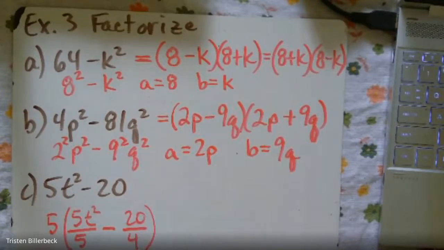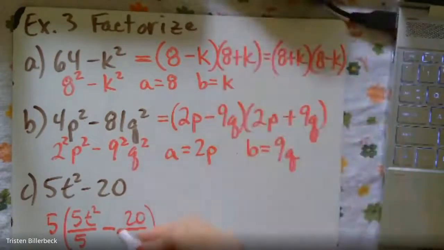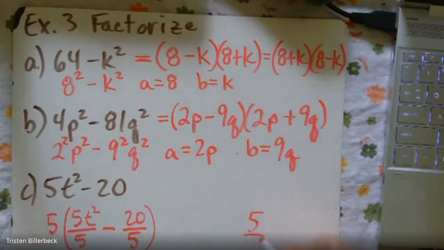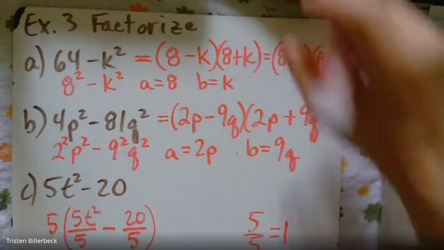I'm going to factor that 5 out, because if we recall, 5 over 5 is just 1. So if I divide everything by 5 and multiply everything by 5, I haven't done anything to the equation.